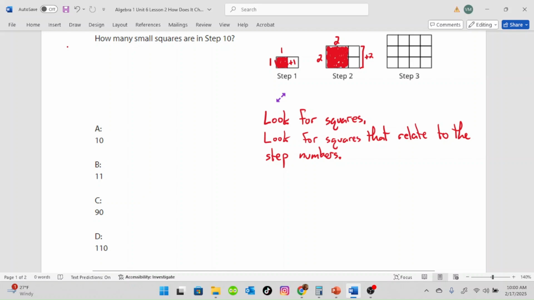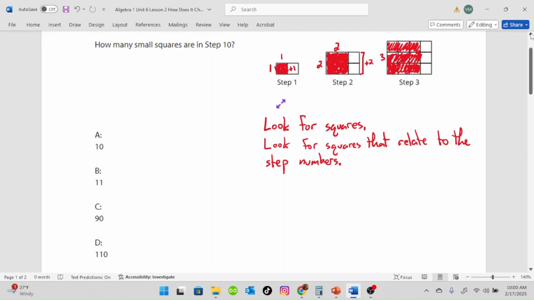And then notice we're in step 3. So if I look at this square, I have a 3 by 3 square, and I add 3 squares.